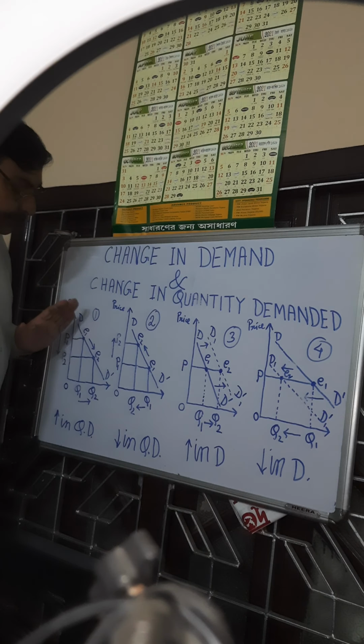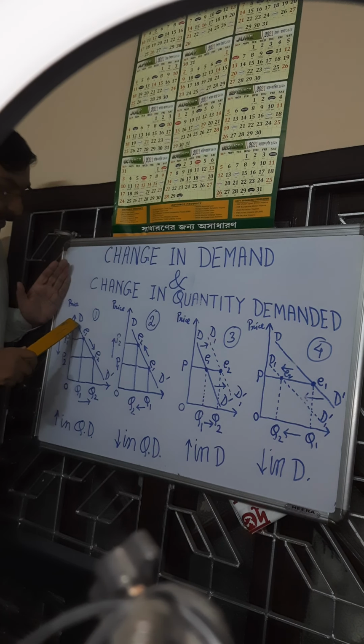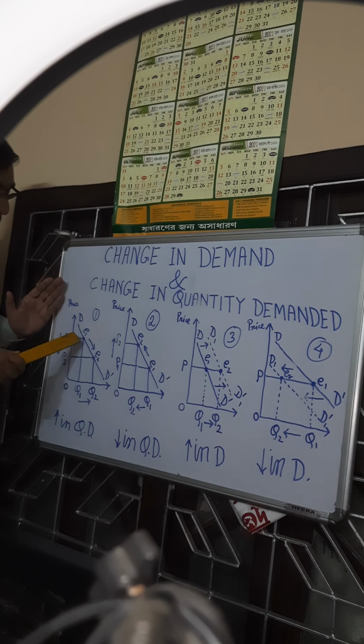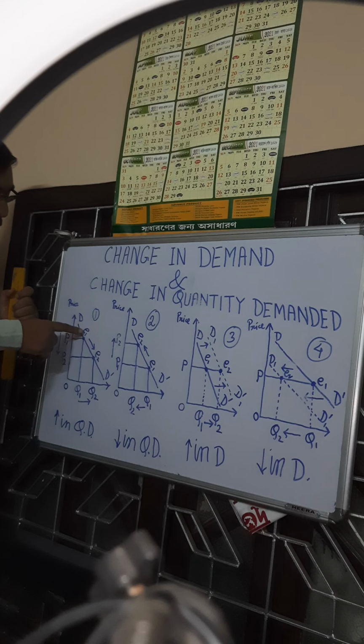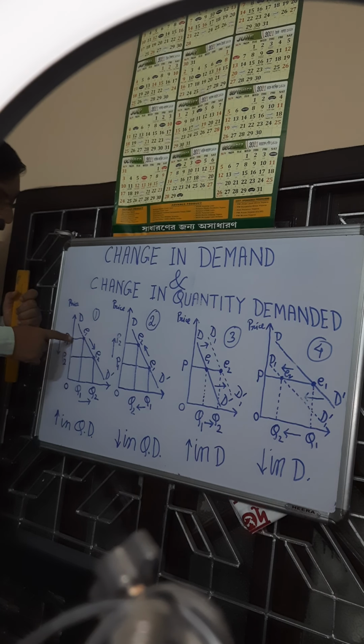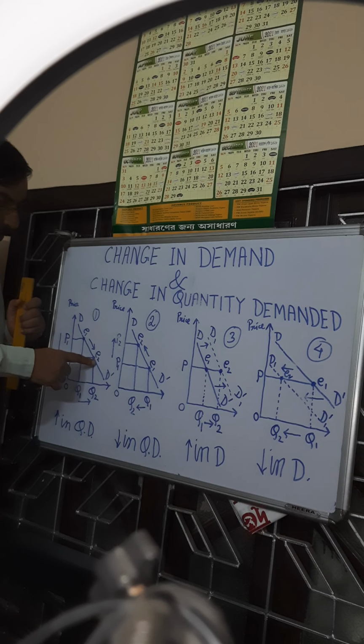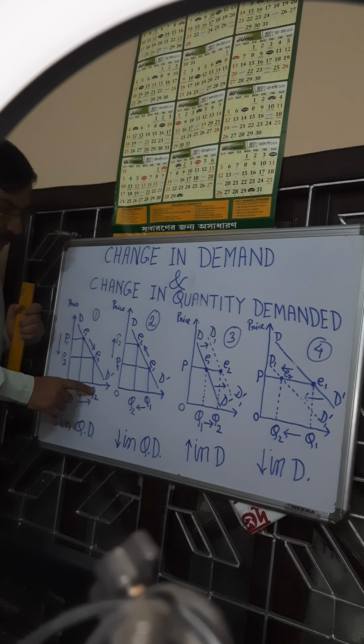In this diagram, DD dash is the demand curve. Initially, the consumer is at point E1. At point E1, price is OP1 and demand is OQ1. Now, if price falls from OP1 to OP2, the consumer arrives at a new point E2. So the consumer moves downward along the demand curve, and at this point demand rises to OQ2.